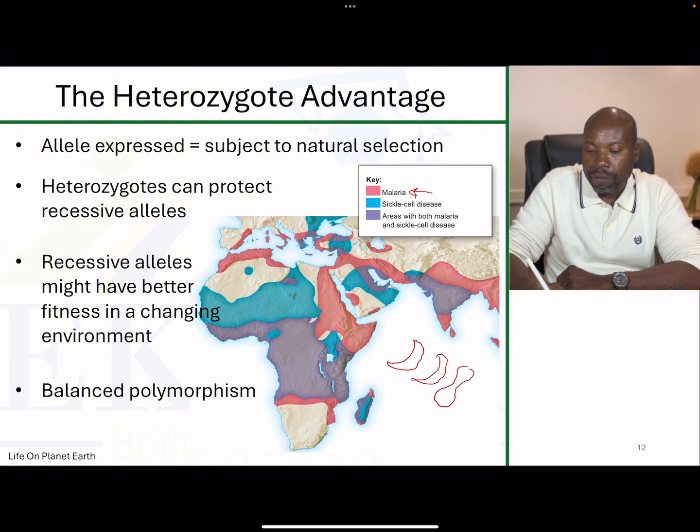While the normal shape of red blood cells is biconcave, like this, okay? So this shape right here is abnormal. This shape is normal, right?